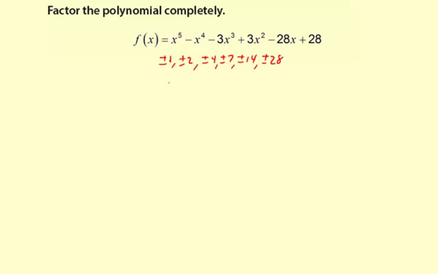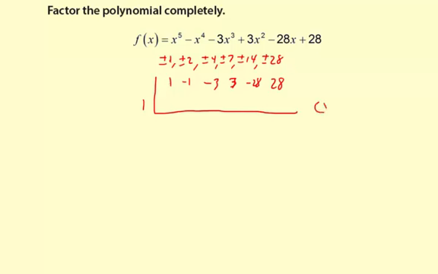So I'm going to use synthetic division here. Here are my coefficients: 1, -1, -3, 3, -28, and 28. So I'm saying 1 is a zero. That means I'm factoring out an x minus 1 using this.